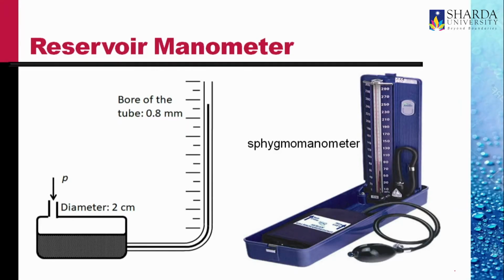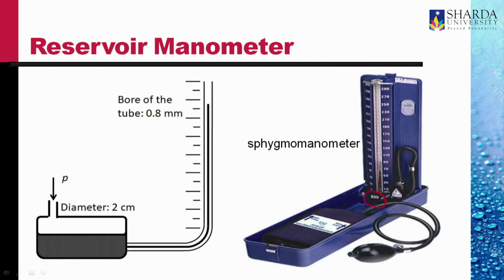This is used in a conventional blood pressure measuring equipment. Here at the bottom, there's a large, relatively large reservoir of mercury, which is connected to a very fine bored tube against a scale.